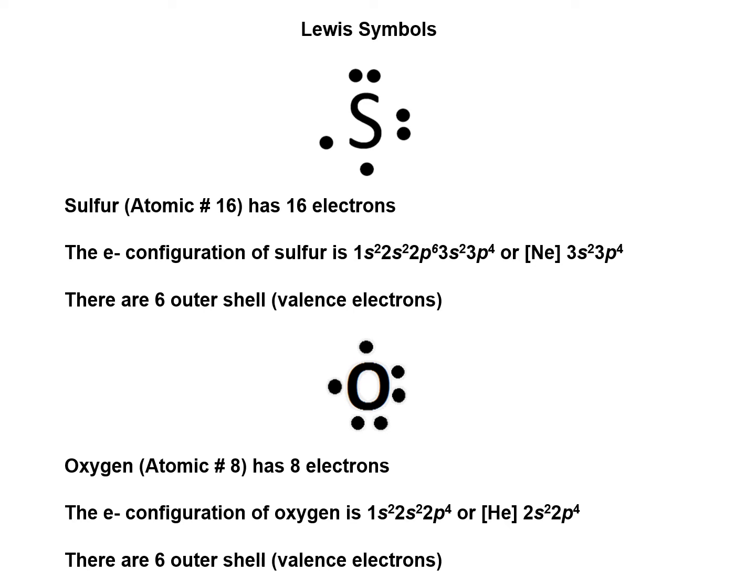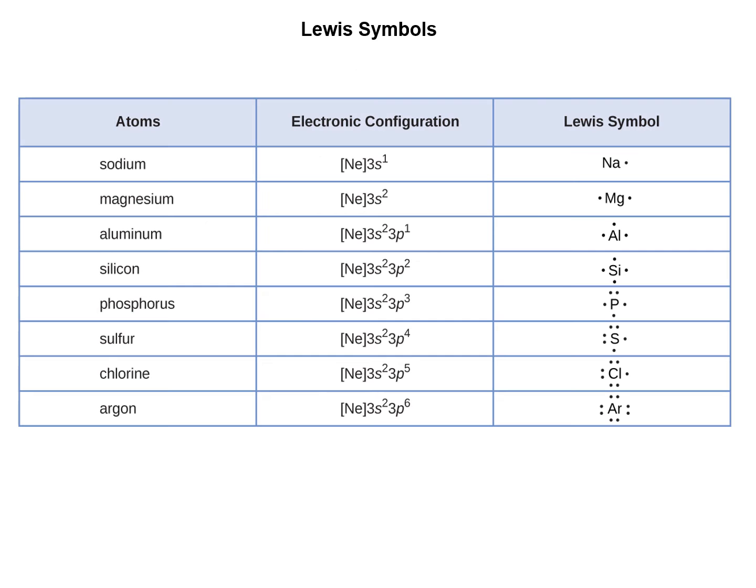If we look at atomic number 8, oxygen, it has 8 electrons. The electron configuration of oxygen is 2s2, 2p4. So there are 6 outer shell valence electrons, same as sulfur, it's just up a period on the periodic table.